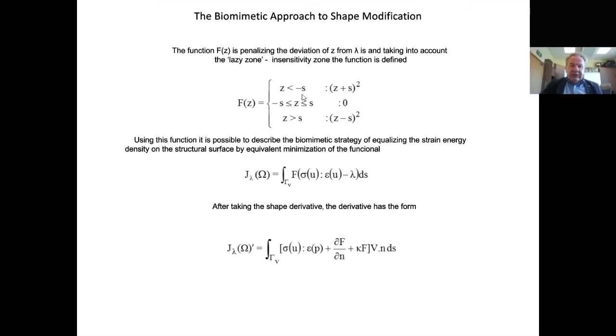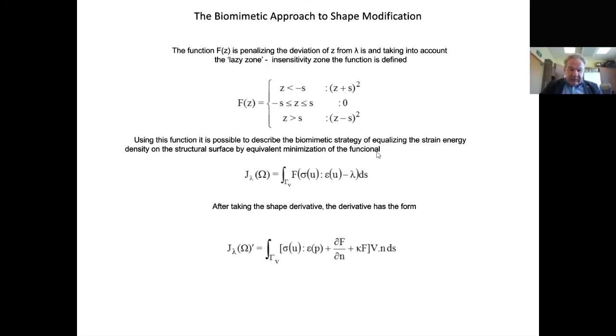And with this assumption, we can minimize just this functional here, and here is the strain energy density for the area under consideration, and here is the Lagrange multiplier, which is assumed to be constant.